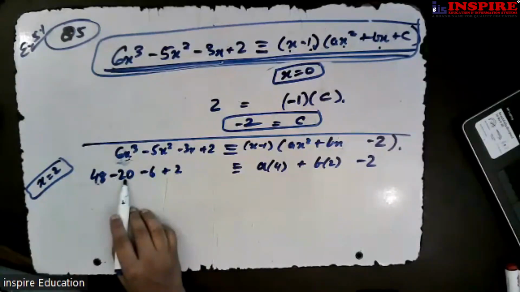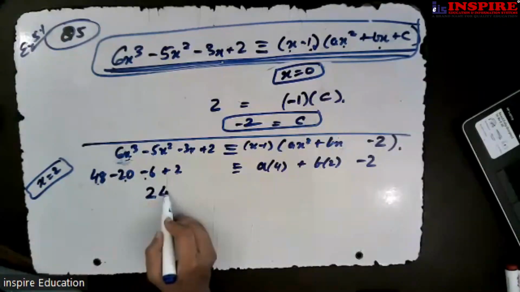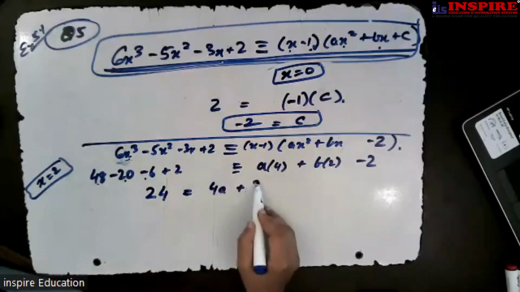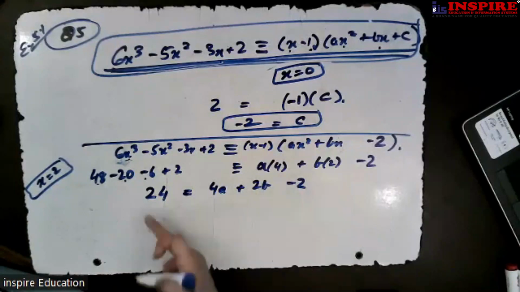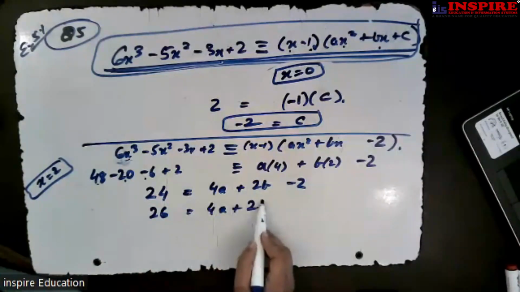Take 20 from 48, 28 remains, 6 from 28, 22 remains, 22 plus 2 is 24. 24 on the left side, and 4a plus 2b minus 2 here. Send it on this side, it becomes 26 is 4a plus 2b.